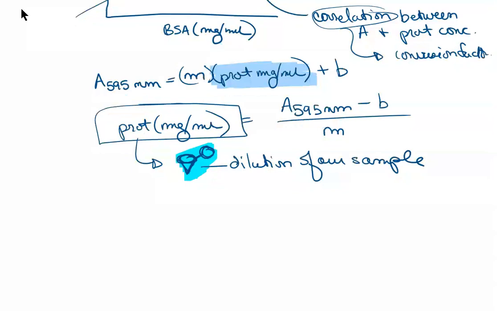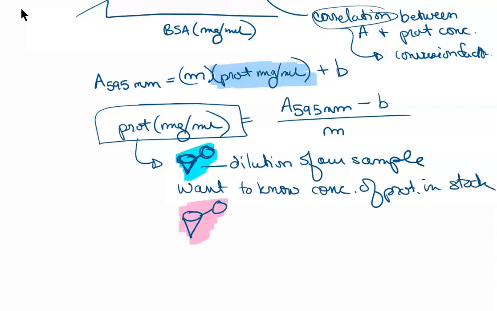So we have figured out the concentration of protein in our dilute SnapCap. But what we really want to know is the concentration of protein in the stock. This is what we want to know.